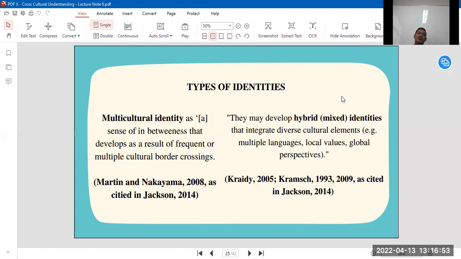Individuals who have sustained contact with diverse cultures may develop a sense of attachment to multiple ethnic groups, or they may feel as if they have no ties or affiliations with any group in particular.